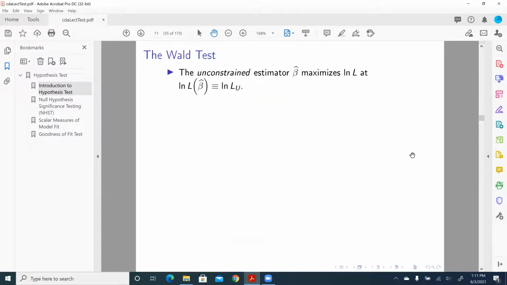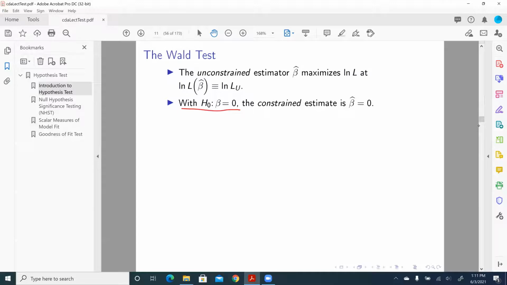Okay, so let me continue the discussion about Wald tests. Let's say we have an unconstrained estimator beta hat that maximizes the log likelihood. It's an unconstrained model; that is, we don't impose any constraints, for example beta equal to 0, which is the null hypothesis.